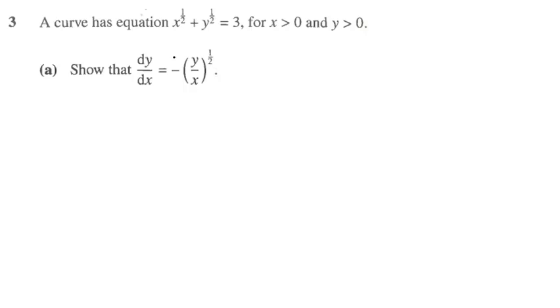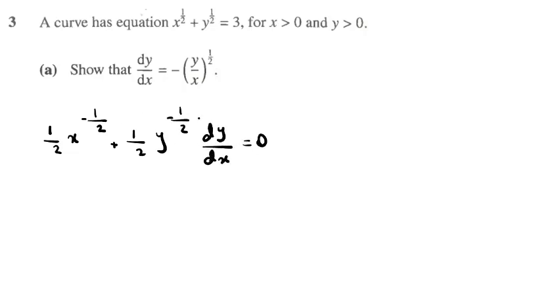So we should differentiate with respect to x of this equality. The first one will be 1 over 2 x to the power of negative 1 over 2 plus 1 over 2 y to the power of negative 1 over 2 dy by dx equals 0. Now you can multiply both sides by 2, and you can take this to the right hand side.